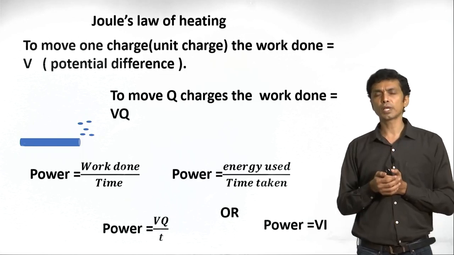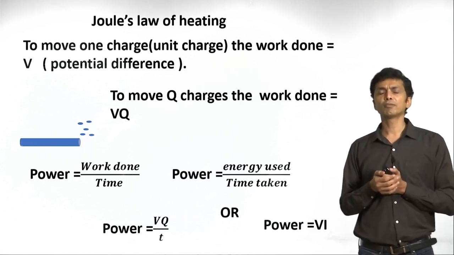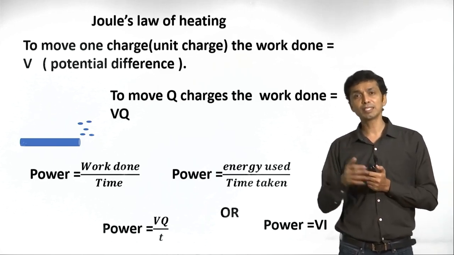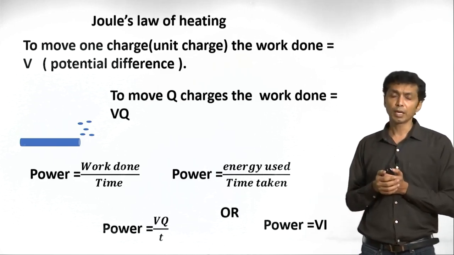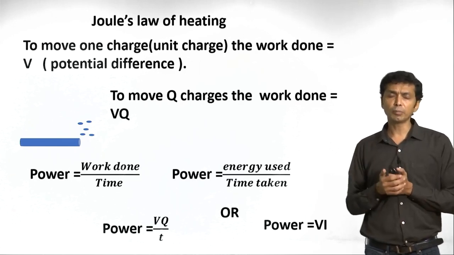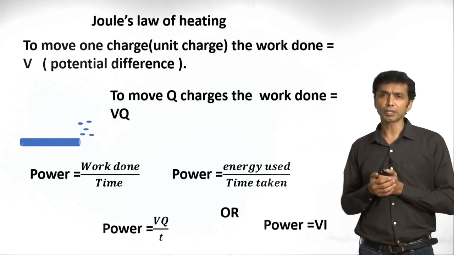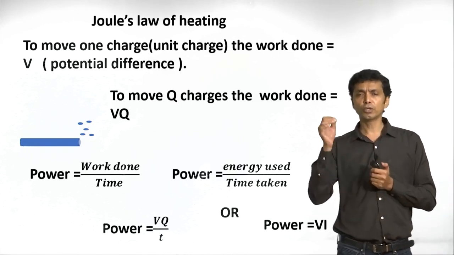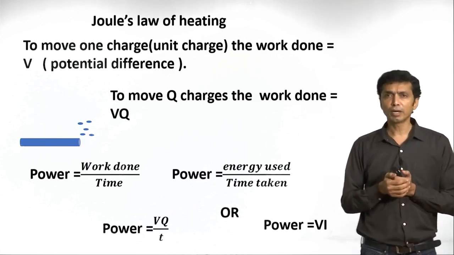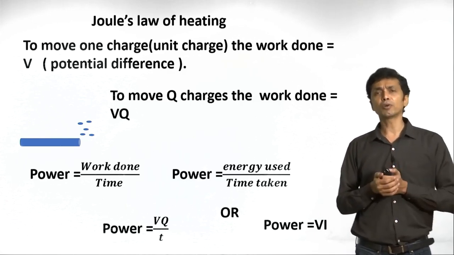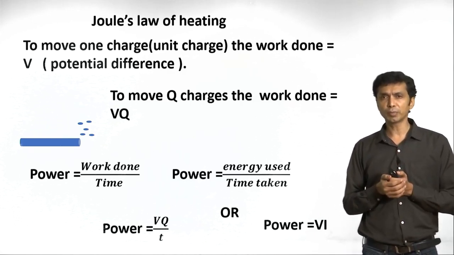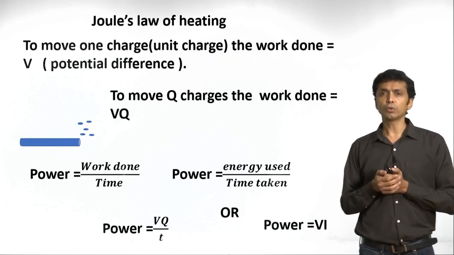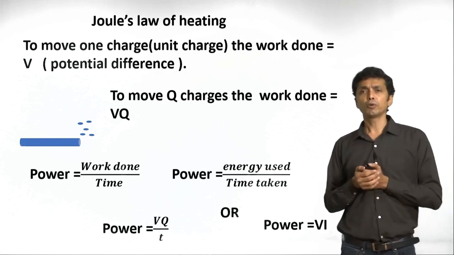What property does a fuse have? A fuse has the property of high electrical resistivity. That means it gets heated up easily, but it also has a very important property: it has a low melting point. That low melting point makes the fuse melt and disconnect the power supply to the entire establishment only when the electric current is more. So, that is why we make use of fuses.